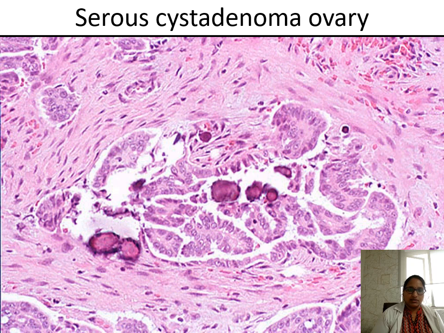Here we can see calcification in the form of psammoma bodies, where a lamellated appearance of the calcified bodies will be seen. These psammoma bodies are also seen in other tumors like papillary carcinoma of the thyroid, meningioma, and so on.